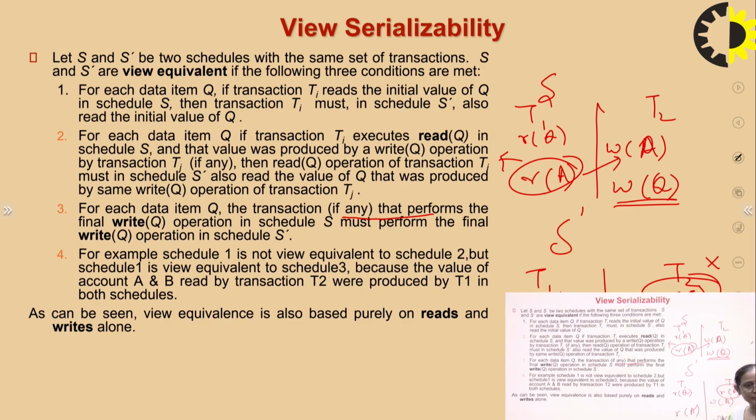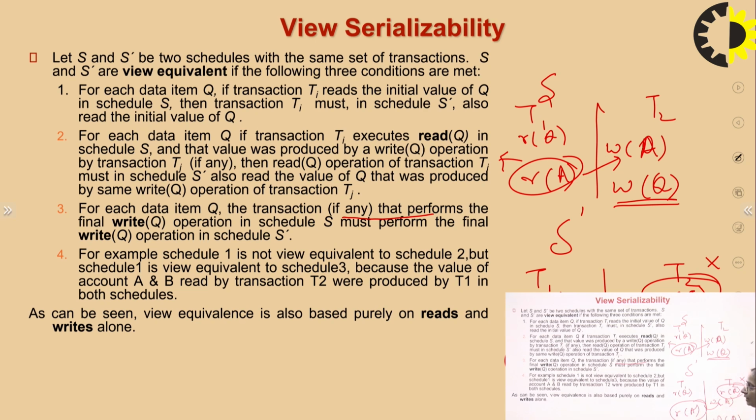That is, in S dash also T1 will read the value which was previously written by the transaction T2. If all these three properties are followed, then we say that S and S dash are view equivalent. If any one of them is a serial schedule, then we say that it is a view serializable schedule.